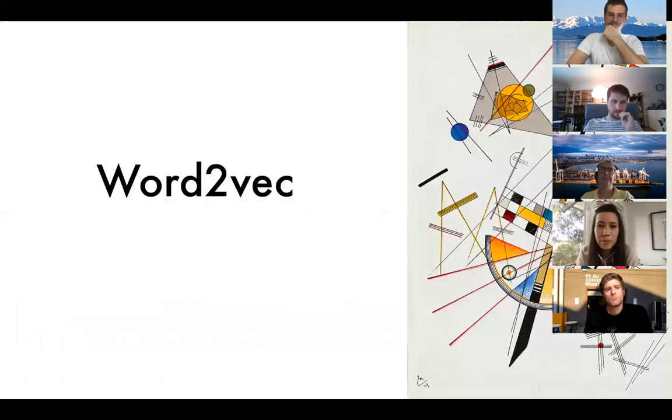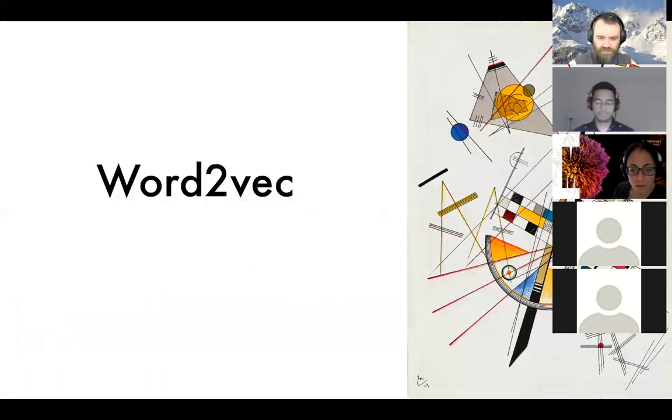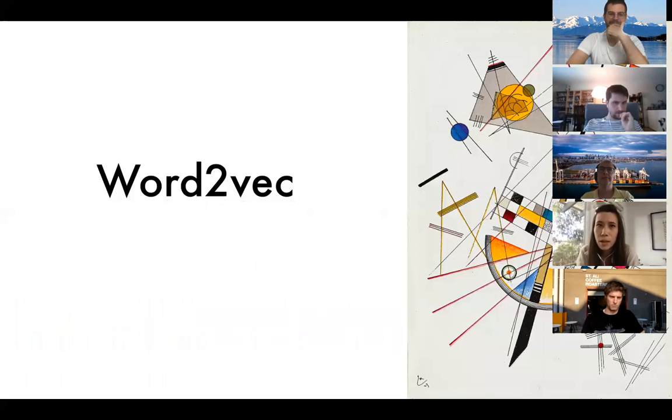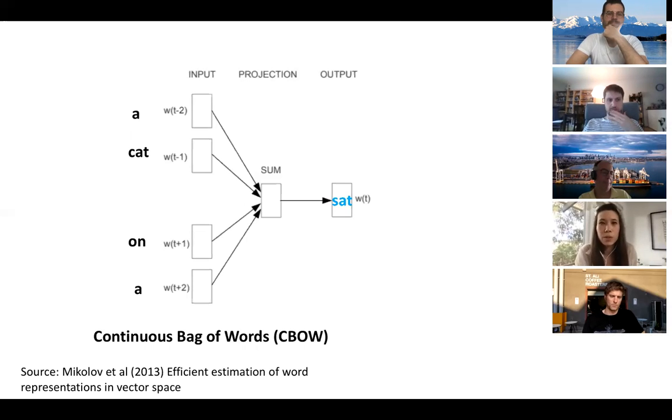So let me spend a bit of time briefly talking about word2vec. Word2vec is a technique developed not too long ago, but in some sense a long time ago in machine learning time, back in 2013 by Tomas Mikolov and some researchers at Google. It's essentially a neural network that can use one of two different architectures to produce a distributed representation of words.